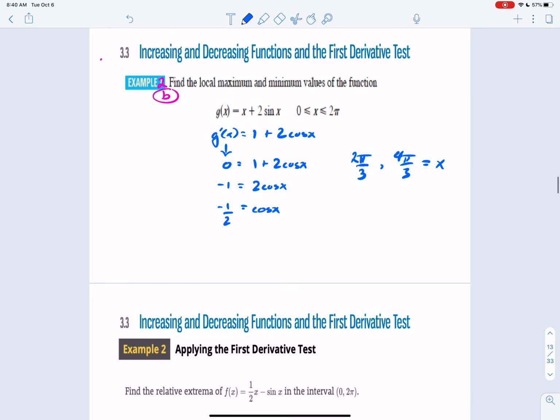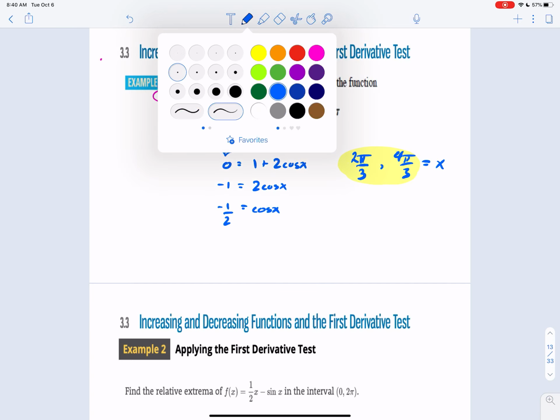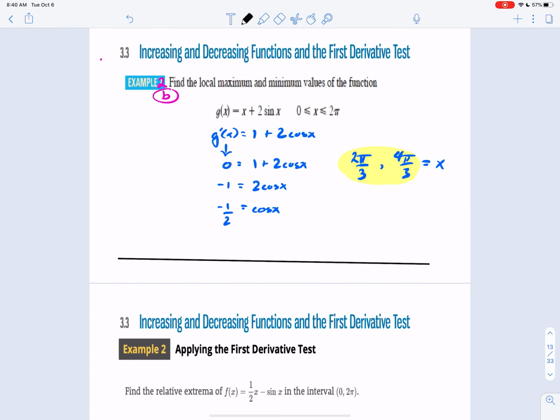We found our critical numbers. We have 2, so we're going to draw our sign chart. This is our derivative, g prime. We're going to draw the number of tick marks according to how many critical numbers we have. So 2 pi over 3 is going to go first, and 4 pi over 3 is going to go next.